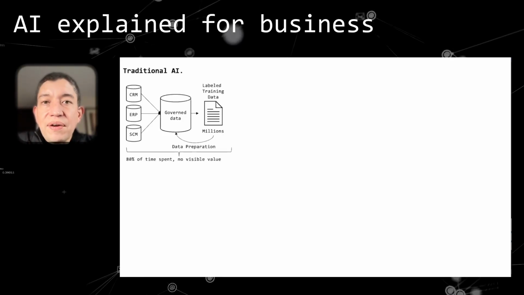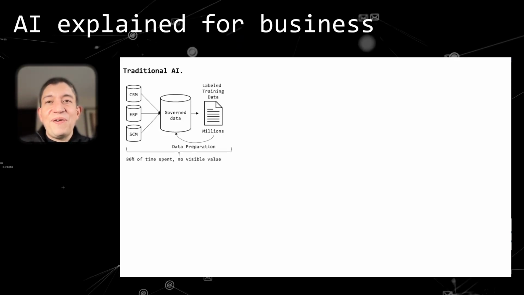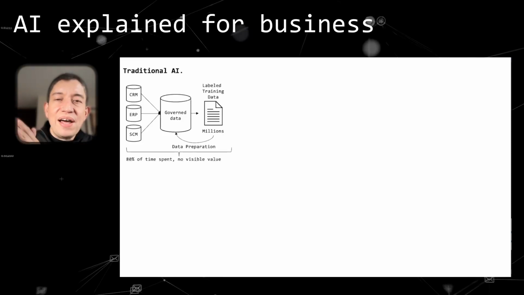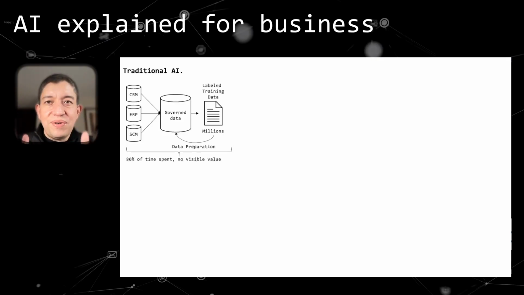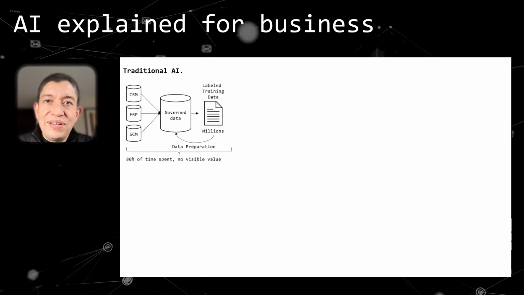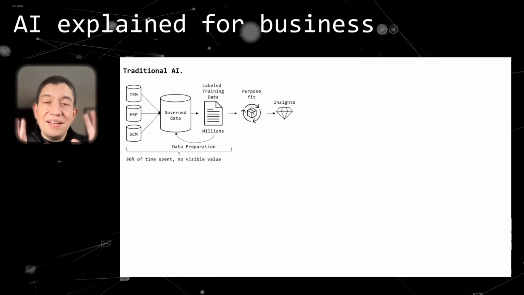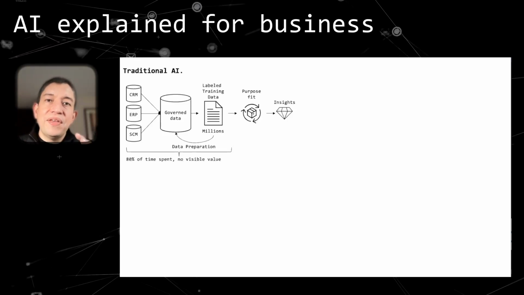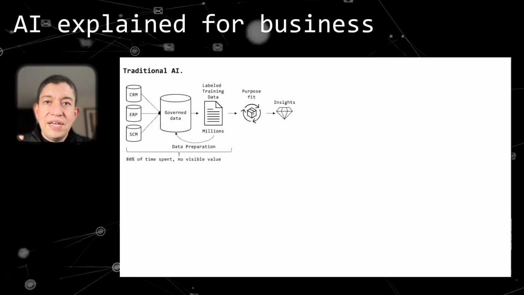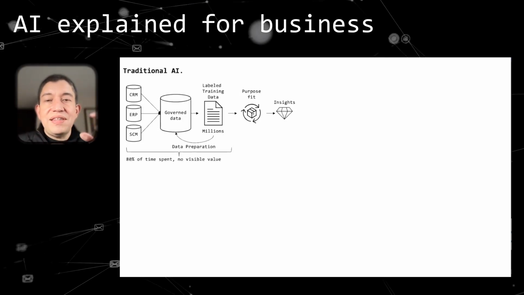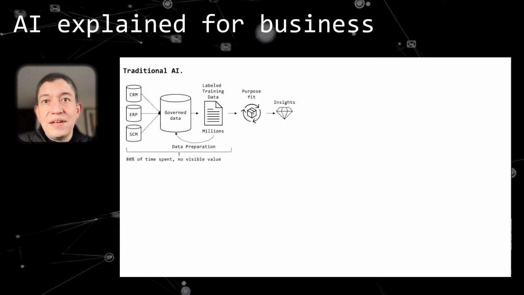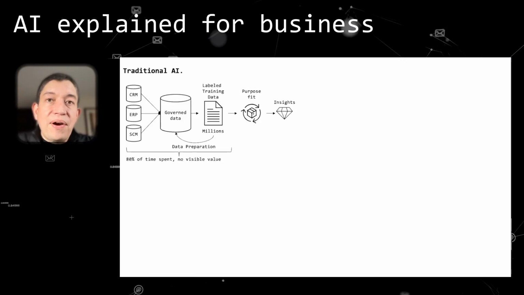So what we found is that 80% of the effort was spent on a low value activity because no value was generated from building these data piles. Actually, the value was generated next. So the data scientists took this data, they applied some algorithms that could be for different purposes, and with them, they extracted the insights that were necessary for businesses to attend better their customers and partners.